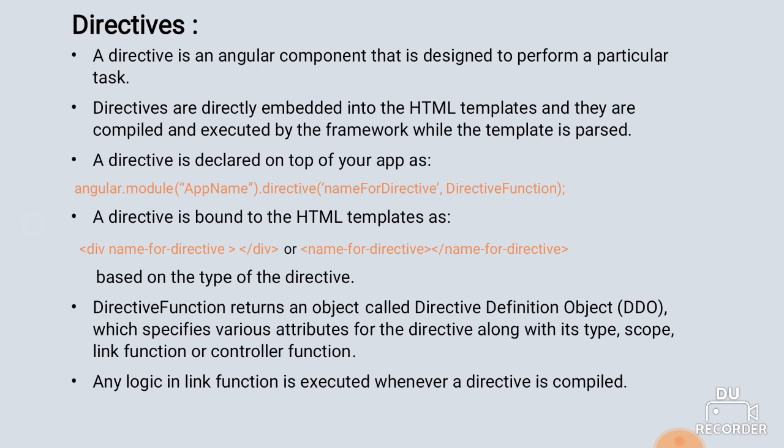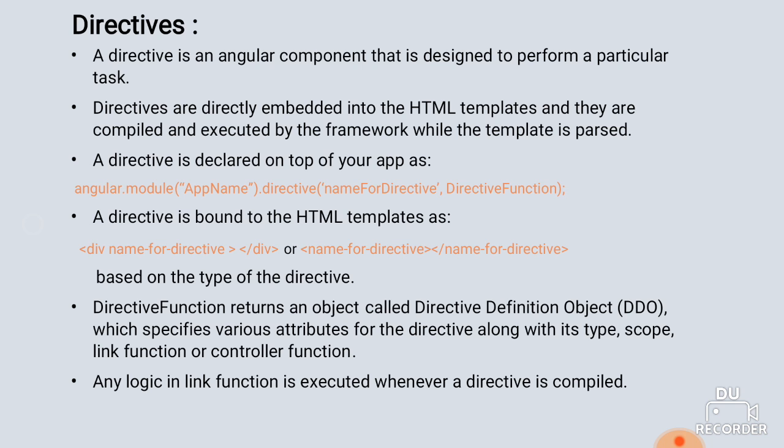It's a markup on DOM that provides extended capabilities to the regular HTML. So in simple words, a directive is a component which is designed to carry out a certain amount of logic attached to the HTML, and whenever the Angular framework compiles the HTML, it comes across the directive, it gets to know what particular logic needs to be performed.